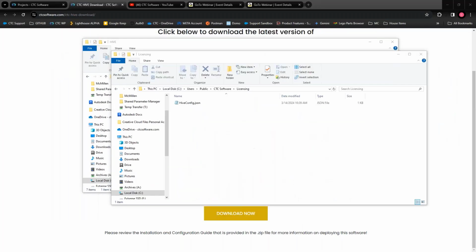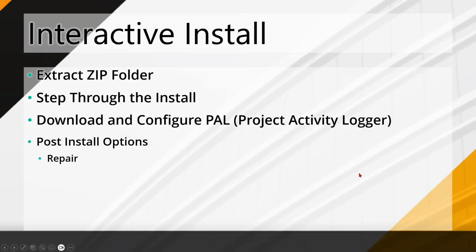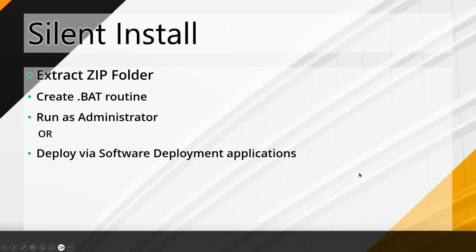Okay, now let's talk about the next item on our list today, and that is the command line install, or a silent install, as we more typically call that. This begins off the same. You download the files, unblock it if needed, extract the zip folder, locate where you want to keep your installers, download the config file from the website.